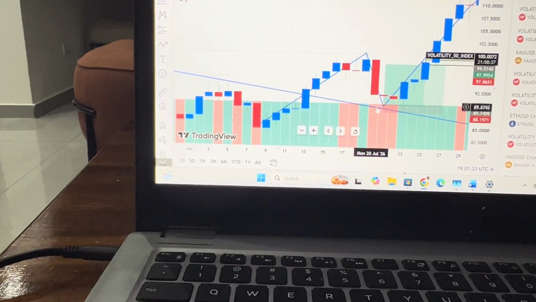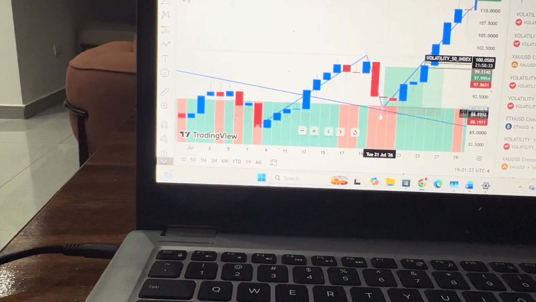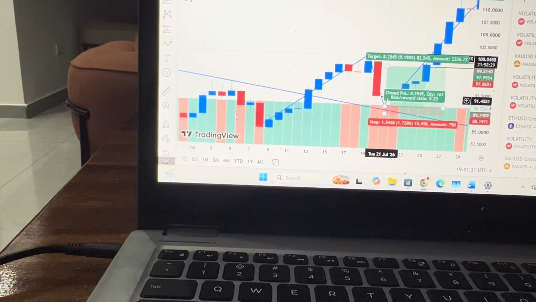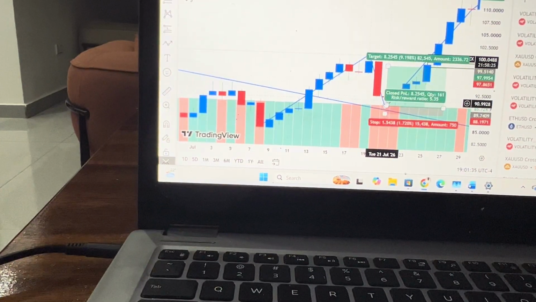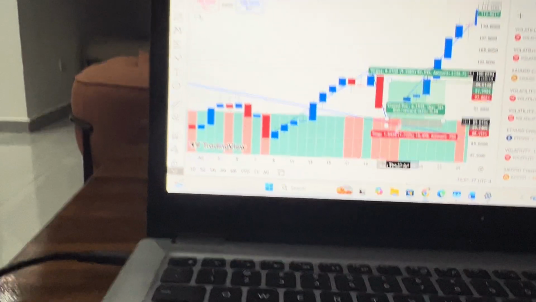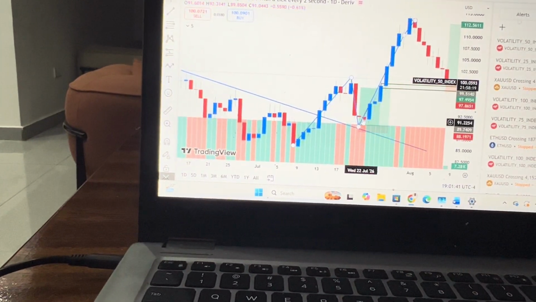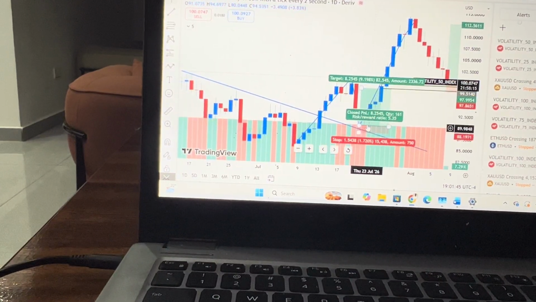What confirmation does the price show us? This candlestick was a rejection candlestick, and after the price formed this rejection candlestick, that's where we entered. And boom, this is how we got 1 to 5.